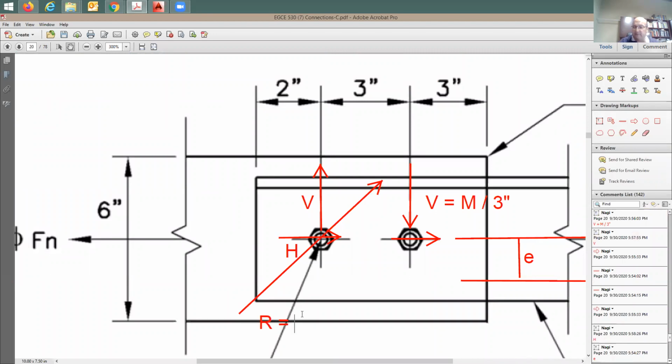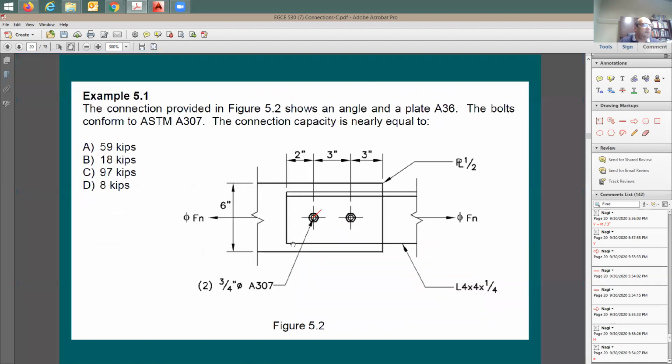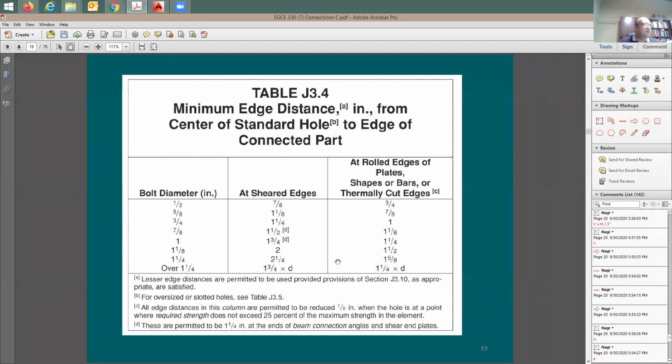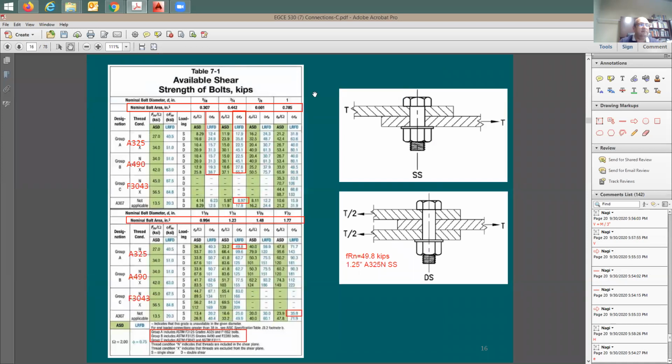It's going to be equal to the square root of V squared plus H squared, to the power of 0.5. This is the square root of the summation of the squares of these 2 forces. And this R is going to be the force that you need to compare against the strength of the bolt, the shear strength of the bolt that you get out of this table.